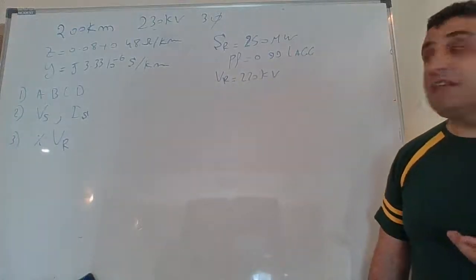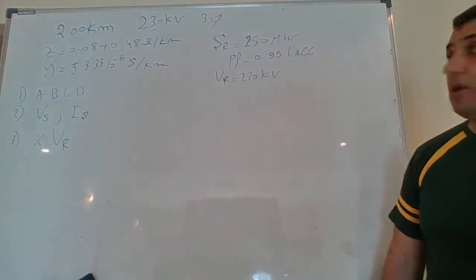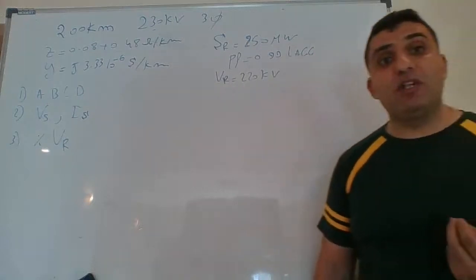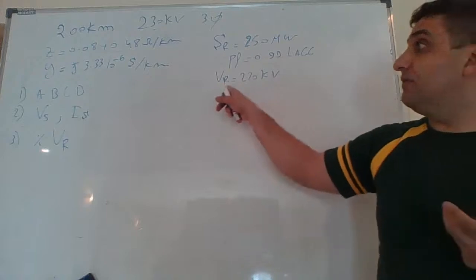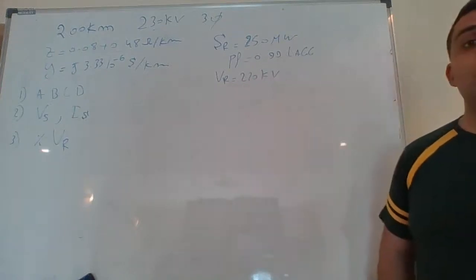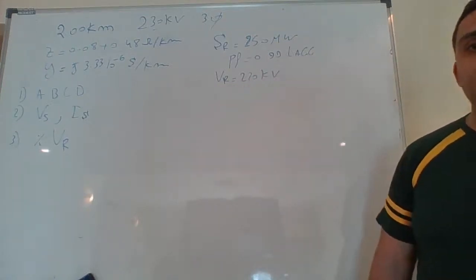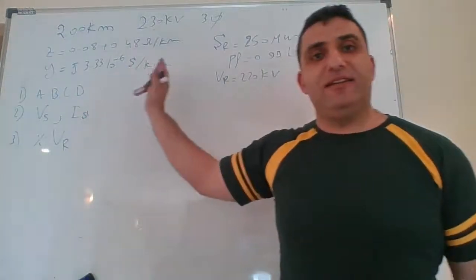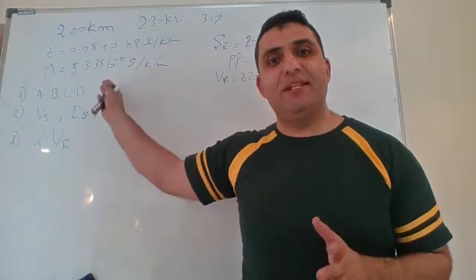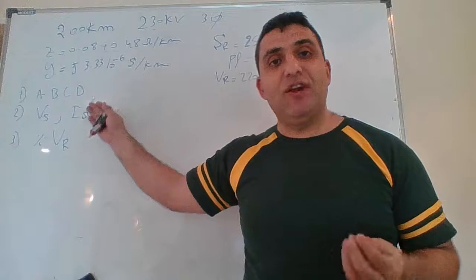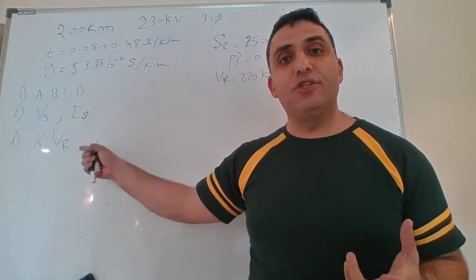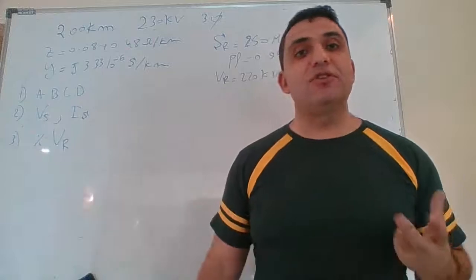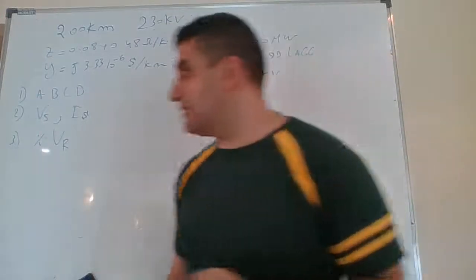I have the receiving power of 250 megawatt, power factor 0.99 lagging, and the received voltage is 220 kilovolt. I have to calculate the A, B, C, D parameters. Then I have to find the sending voltage and current, and then determine the percentage voltage regulation. Okay, let's start.